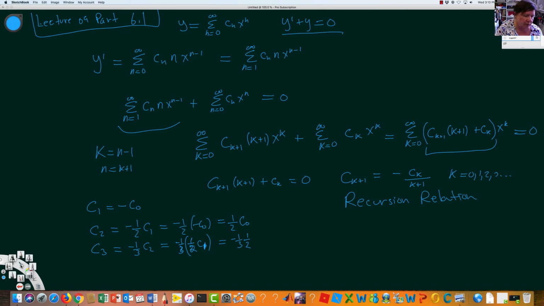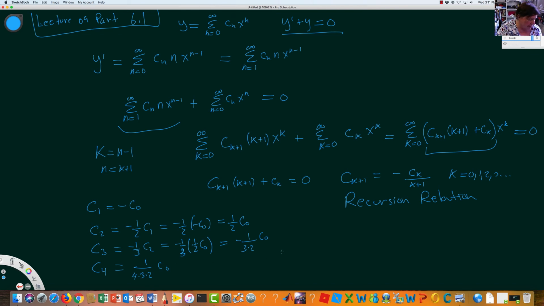Let me just fix it. I'm writing this in terms of C0 ultimately, so I'm not thinking here. All right, so this is minus 1/3, and then we have C2, which is 1/2 C0. So we get minus 1/(3 times 2) C0. Okay, I'm not going to calculate each one, but let me just write down what this is. This is 1/(4 times 3 times 2) C0.